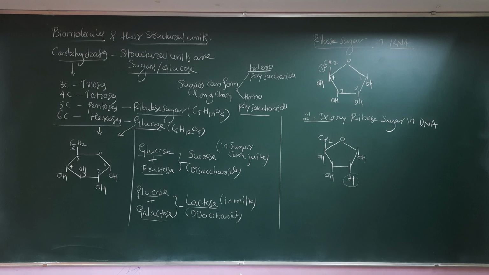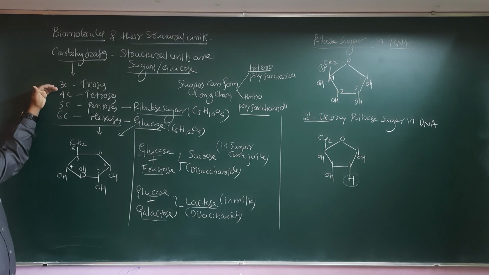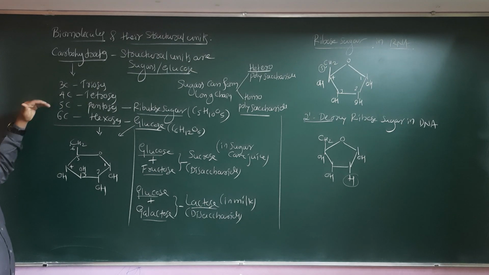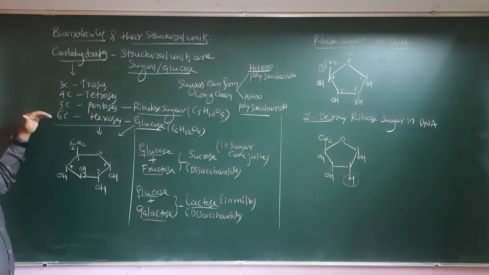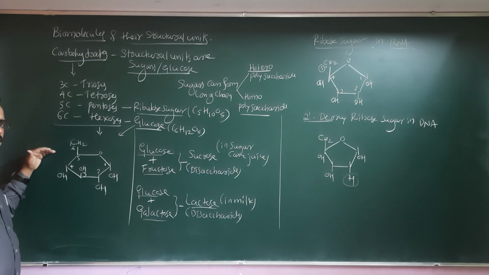Well, I hope you now have clarity about this. Carbohydrates mainly have structural units called glucose or sugar. These carbohydrate units can be 3 carbon compounds, trioses, 4 carbon, tetroses, 5 carbon, pentoses, and 6 carbon, hexoses. For hexose, the best example is C6H12O6, the glucose molecule.